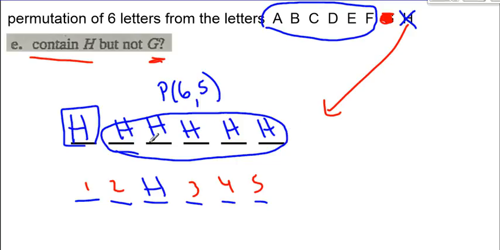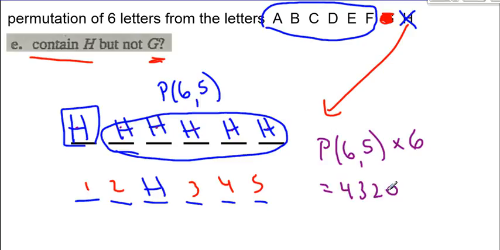So really what I'm doing is I am doing 6 letters to fill 5 positions, and I need to do that for all 6 of the different places where that H could have been placed. So when I multiply by 6, I'm doing this math 6 times to represent where the H could have gone in the word. So that is 6P5 times 6, 4,320.